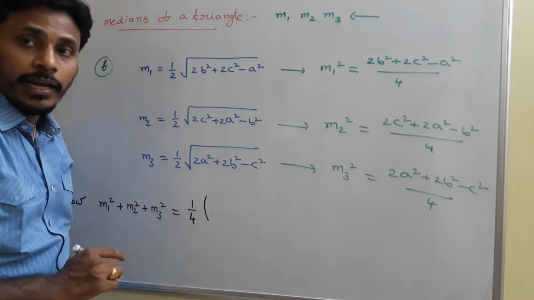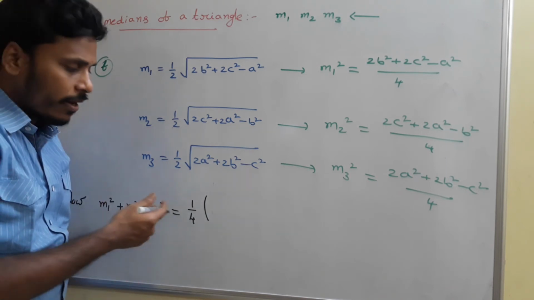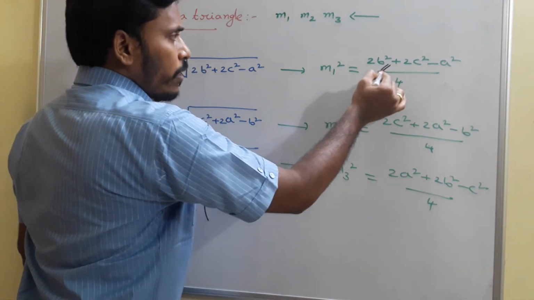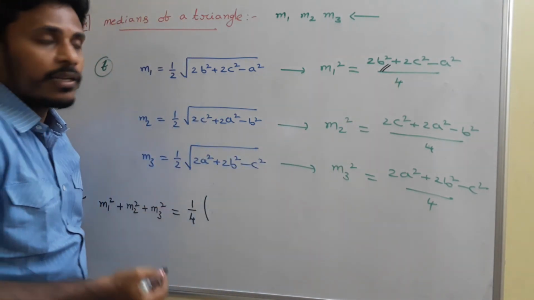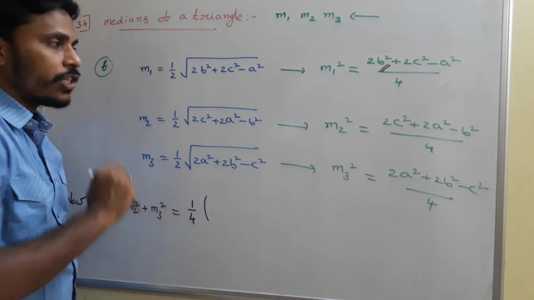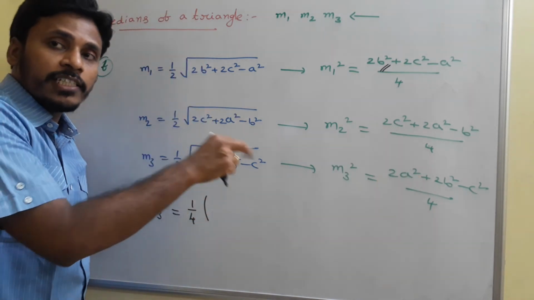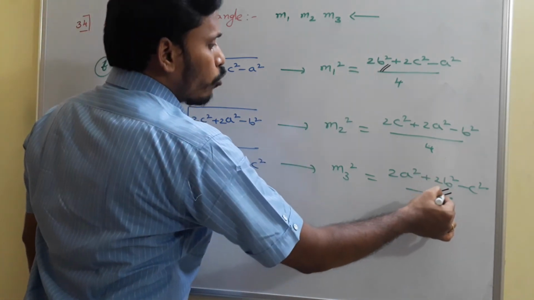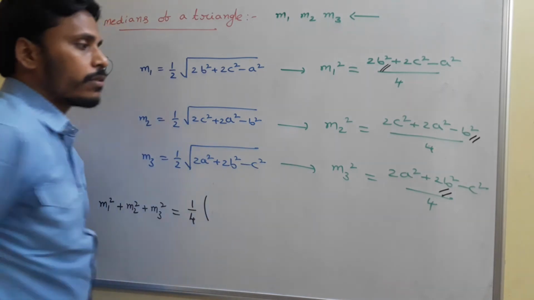Now in the bracket, directly simplify it. Writing everything is a bit lengthy. Since we are adding these three, the denominator 1 by 4 is common. Then pay attention to the numerators. Here 2b square, and here 2b square, and here minus b square.